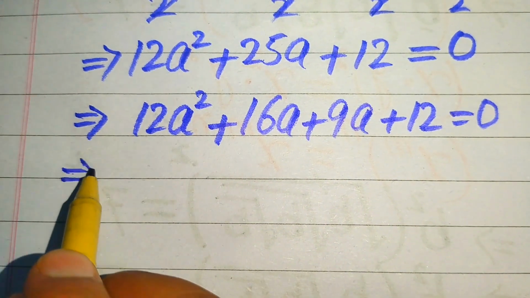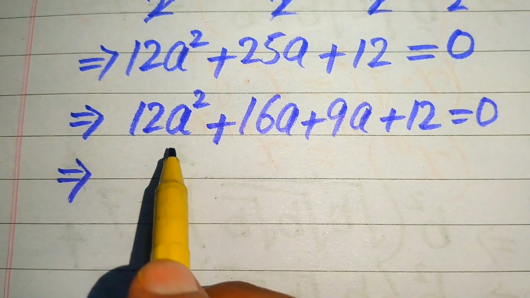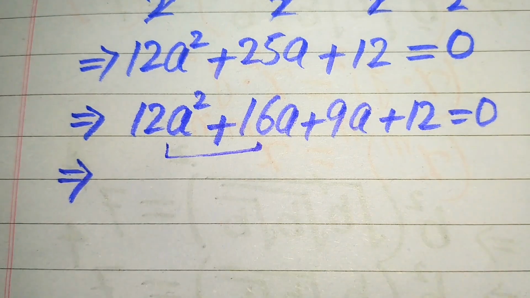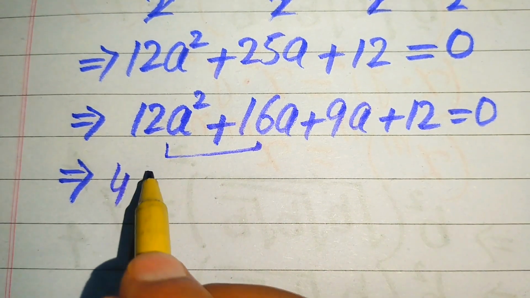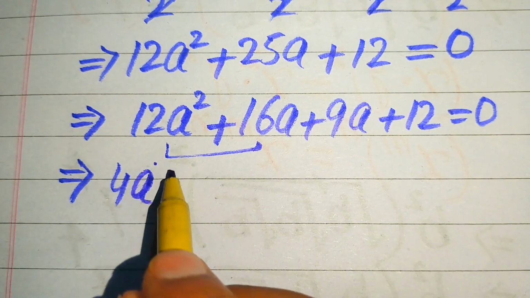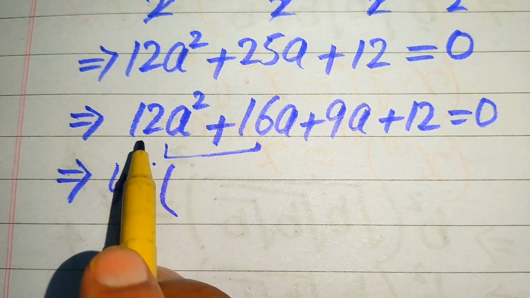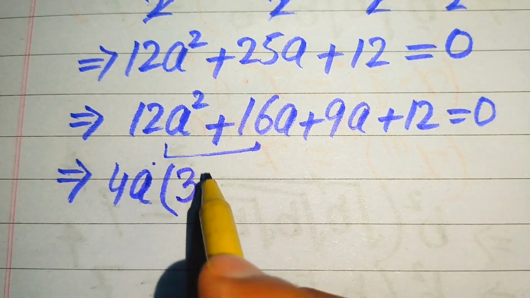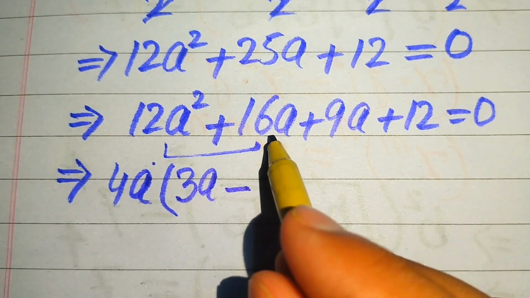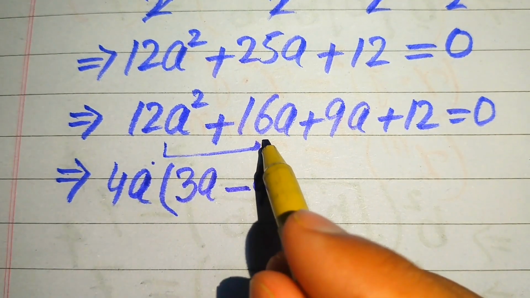Now in the next step, from the first two terms we have 4a as the common value, so we take common 4a, and we get the remaining values: 4 times 3 becomes 12, and here we get a only, and 4 times 4 becomes 16.